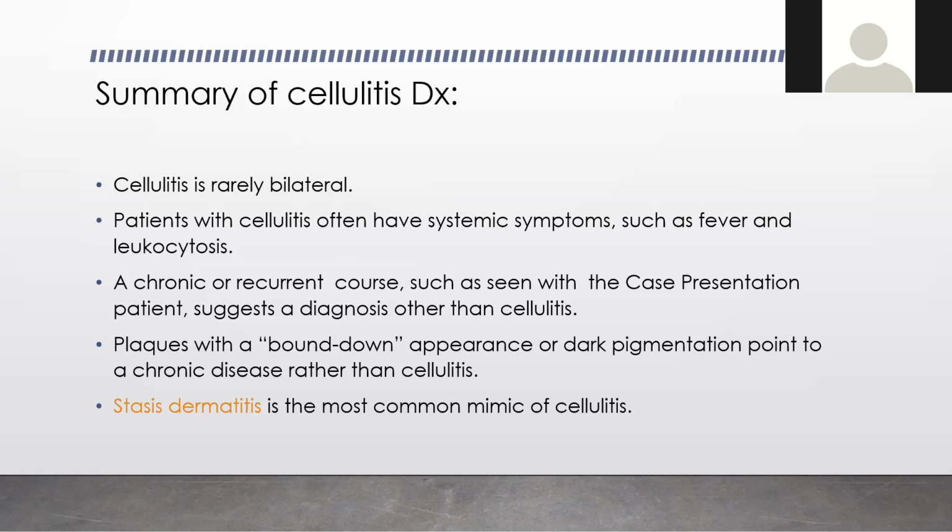Again, it was a slowly progressive rash that came and went with elevation, did not respond to antibiotics, and was desquamating. He didn't have a white count, didn't have a fever, and didn't have that tenderness, all pointing away from cellulitis and toward an alternative diagnosis. Particularly, plaques of a bound down appearance or dark pigmentation point to a chronic disease rather than cellulitis. And this is the most common mimic of cellulitis.